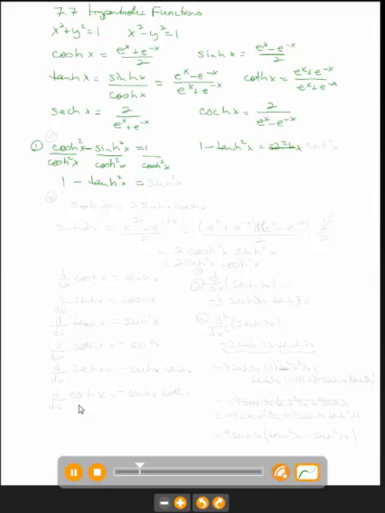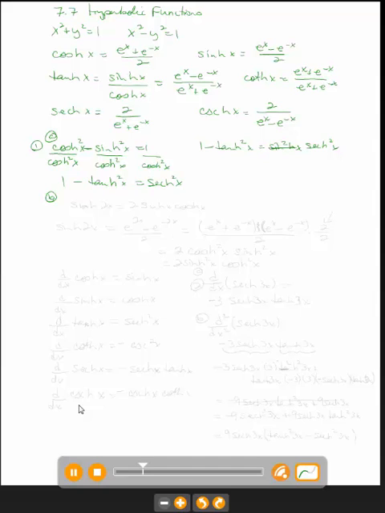And 1 over hyperbolic cosine is the same as hyperbolic secant, so that's going to be the hyperbolic secant squared of x. And, oh, I wrote this wrong over here. We were supposed to be proving that it is the hyperbolic secant squared. Whoops. So we're done. That was part A. We proved it.